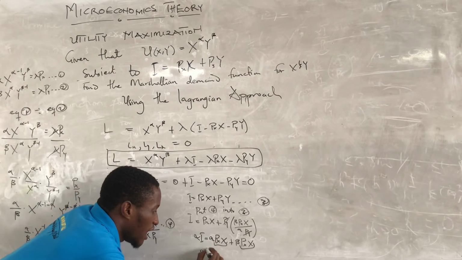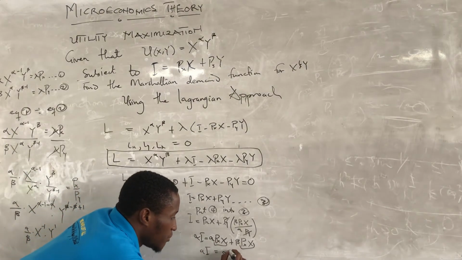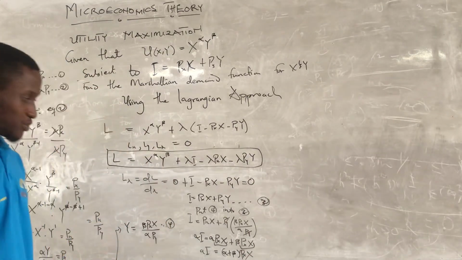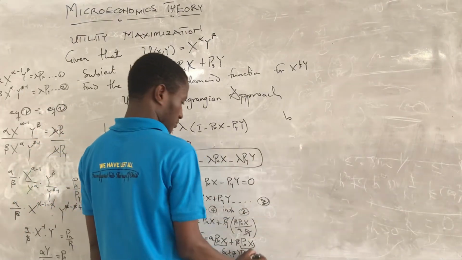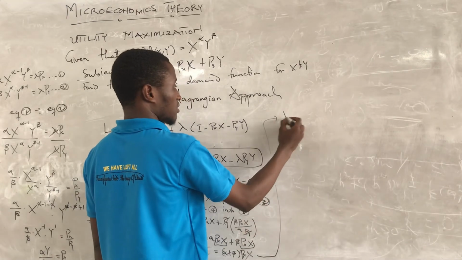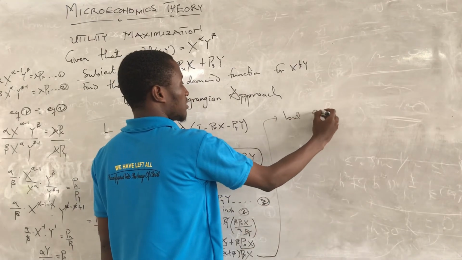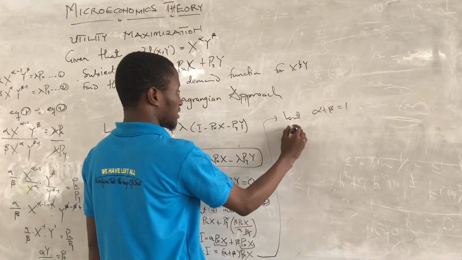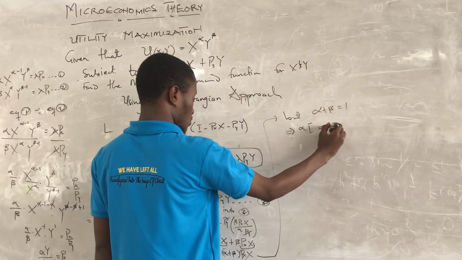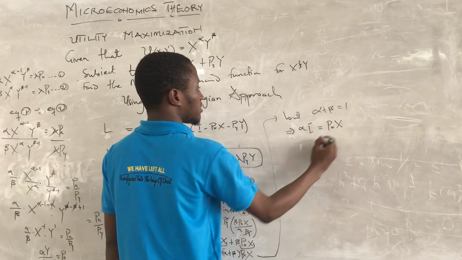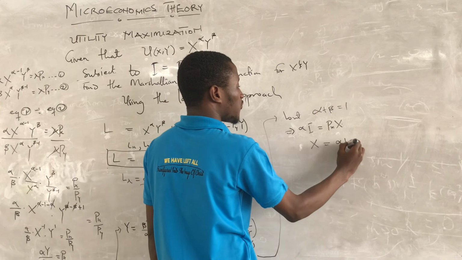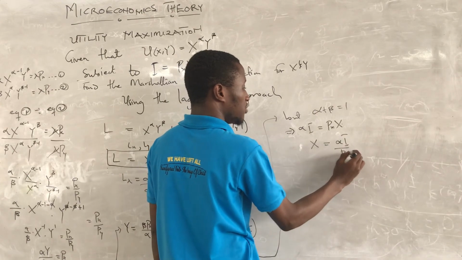So I have alpha I equal to alpha plus beta, times px x. But alpha plus beta is equal to 1, which implies that alpha I is equal to px x. Making x the subject, you have x equal to alpha I over px.